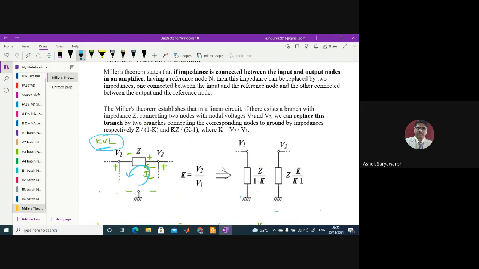You can see plus minus to plus is plus V2, plus to minus is minus I2 into Z, and plus to minus is minus V1, equals 0 when I1 equals 0. So just simplify this equation. Now we are interested in Z2, which is V2 upon I2 when I1 equals 0.